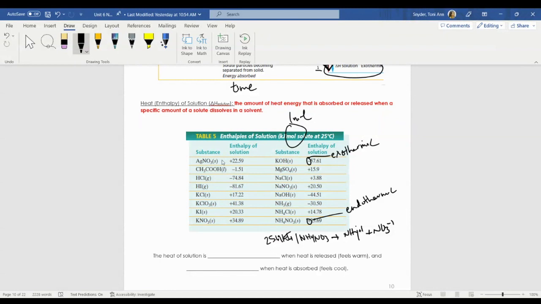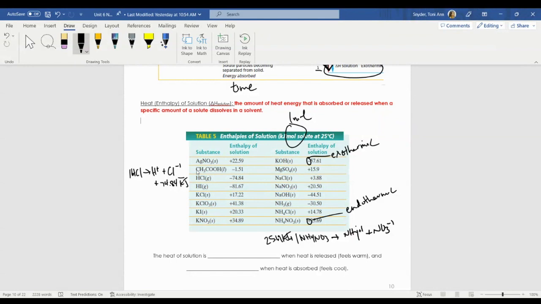Here, if I take a look at, let's see, oh wow, hydrochloric, look how much energy is released there. Hydrochloric, again, 1 mole of hydrochloric, so 1 HCl molecule, will dissociate into its ions, but I also have 74.84 kilojoules of energy that's released in that process as well.